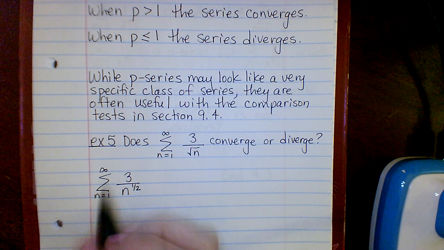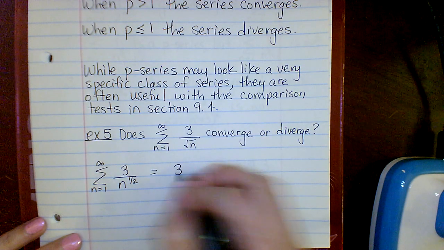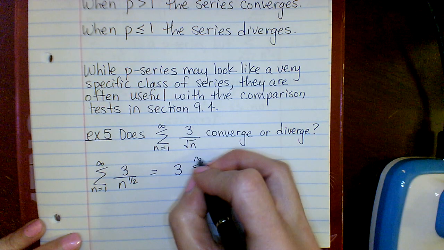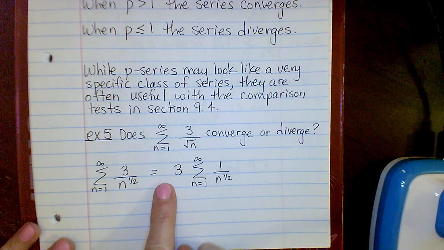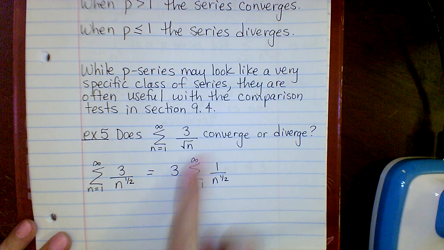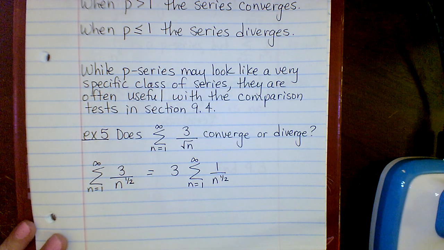Now you may be like, oh, okay, well, does that 3 throw things off? No, not at all. Because it's just a constant multiple, you can pull it out of the series. And the constant multiple doesn't change the convergence or divergence. If this converges, multiplying by 3 is not going to change that it's finite. And if it's infinite, multiplying by 3 is still going to keep it infinite.